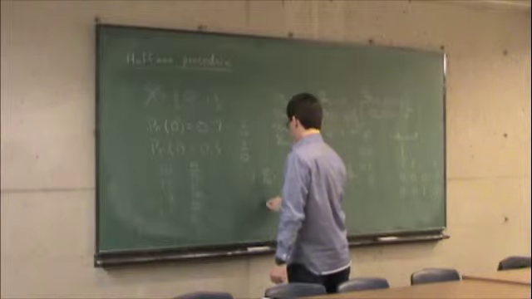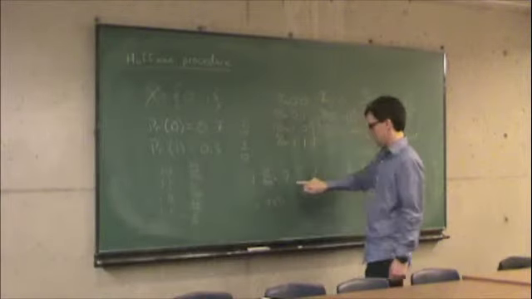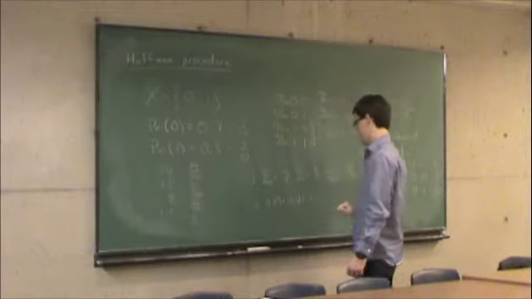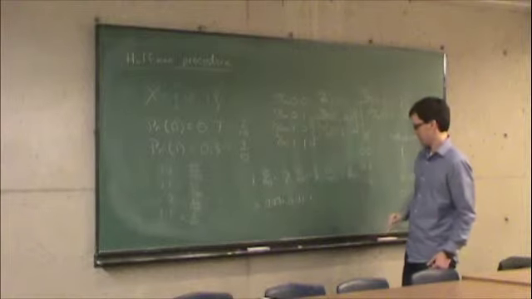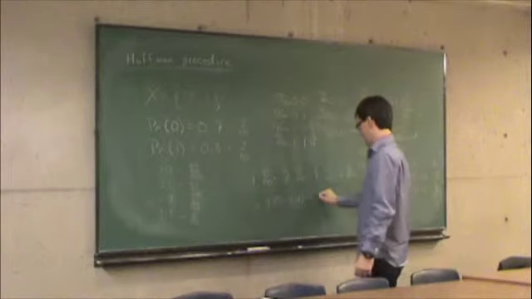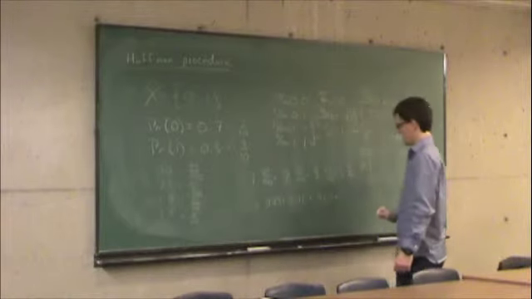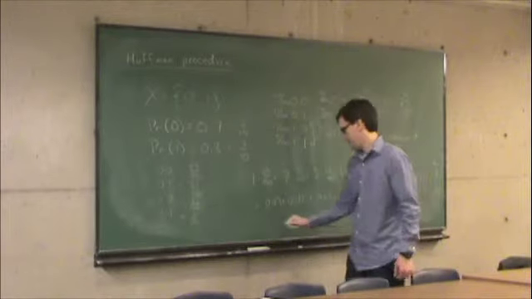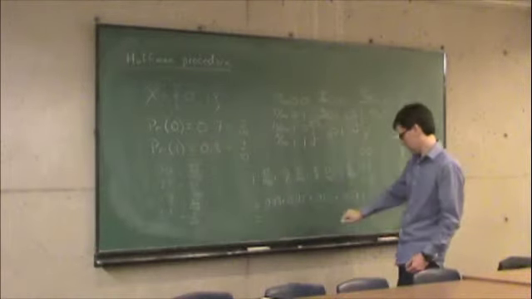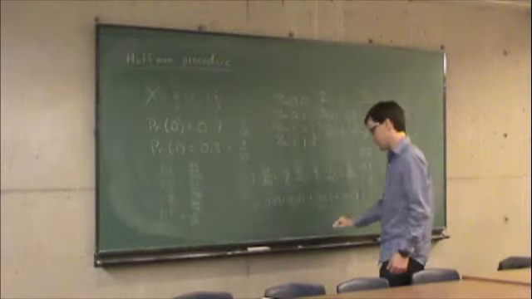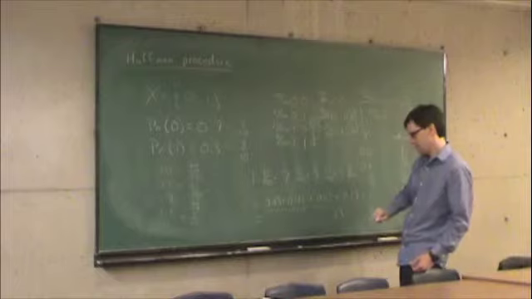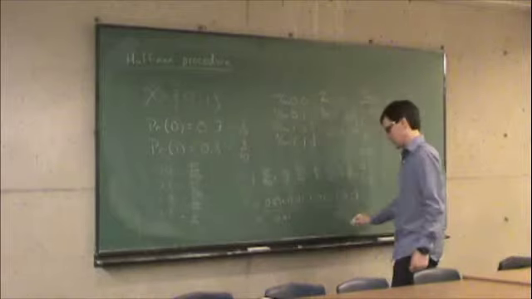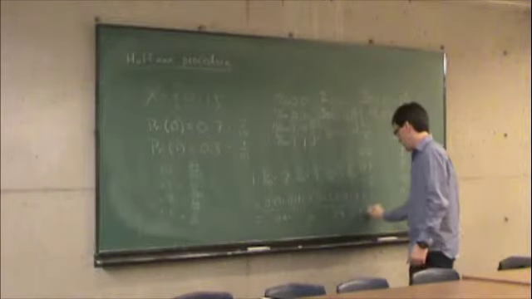Which is 0.49, plus 2 times 0.21 is 0.42, plus 3 times 0.21 is 0.63, plus 3 times 9 is 27, so that's 0.27. These two together are 0.91, and these two together are 0.9. So taking those together, 1.81.